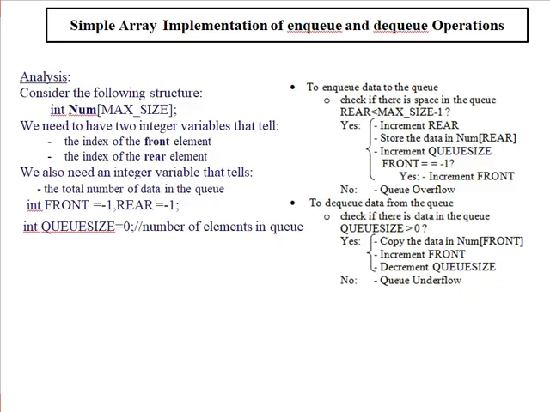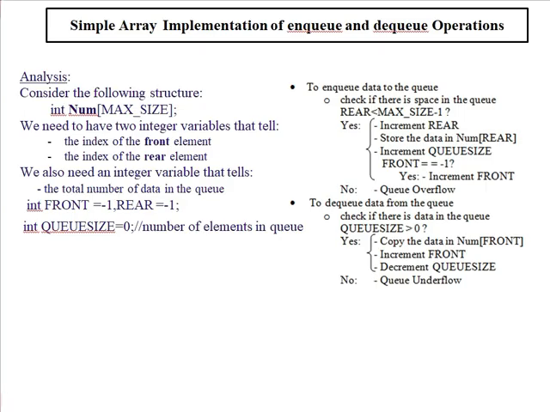So we should copy that front element to a given variable that will be returned to the caller function, and then increment the front. So now we should change the front variable location to the new location, shifting from the slot from which we removed an element to the next slot.